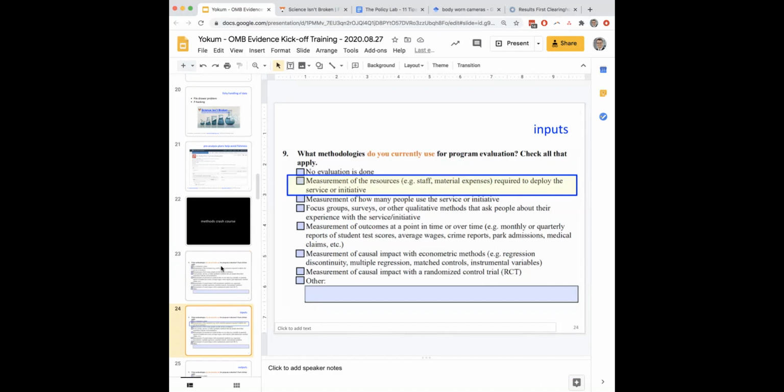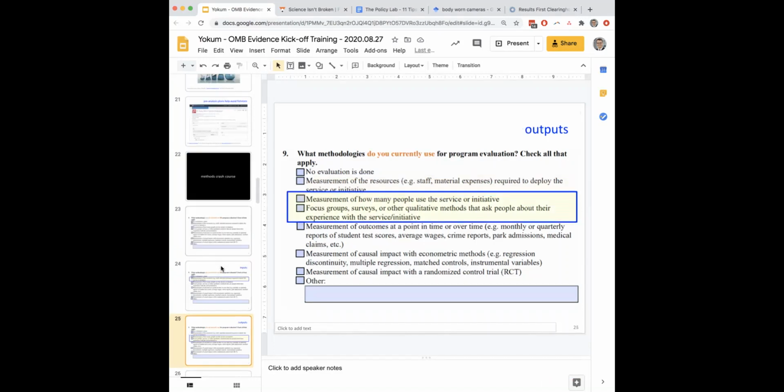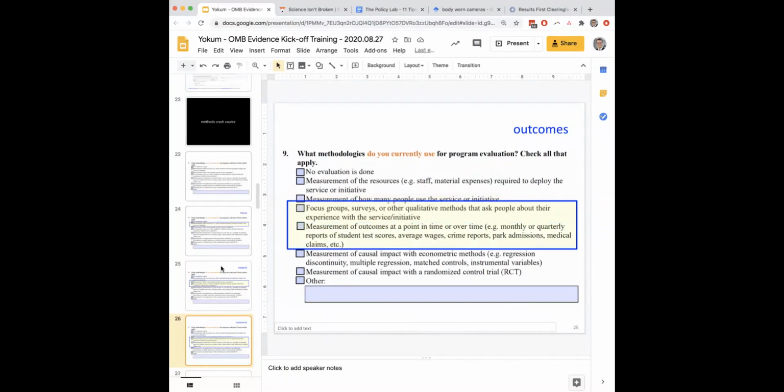So measurement of the resources that are going into a service or initiative, those inputs I was talking about. Measurements of how many people are using a service, either because you're clocking that data yourself, or maybe you send out surveys to ask people how often they partook in a program or what they thought about a policy. Those are examples of measuring some of the outputs.